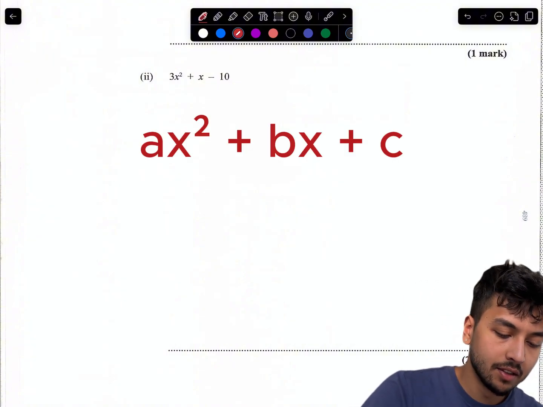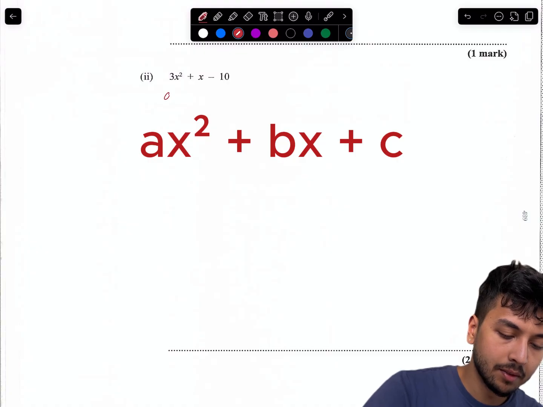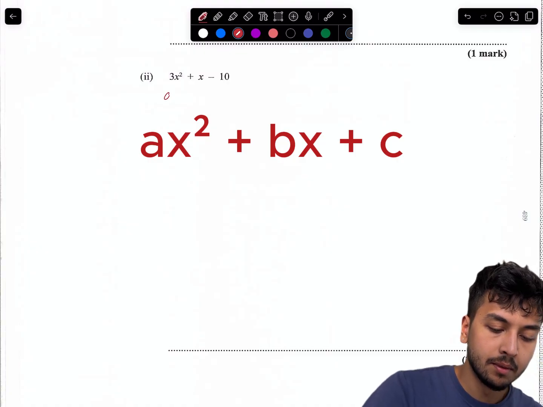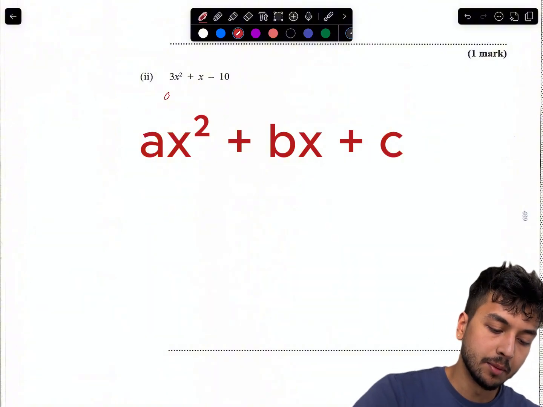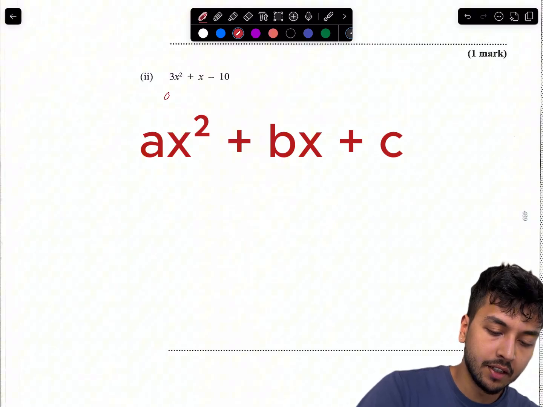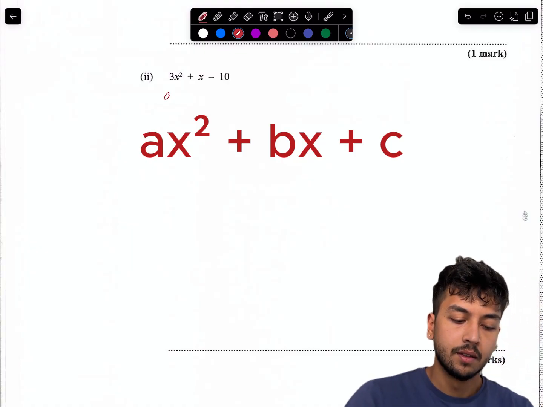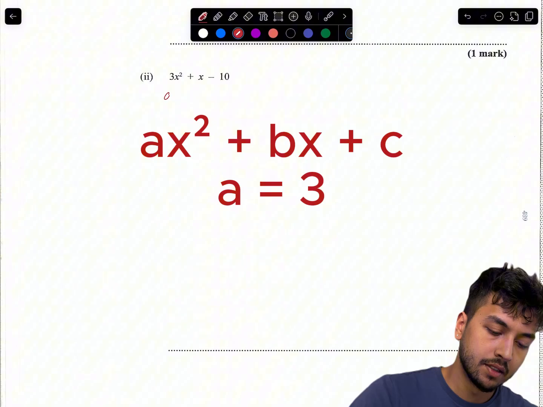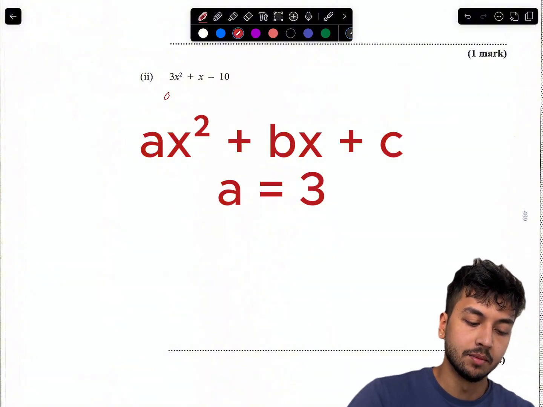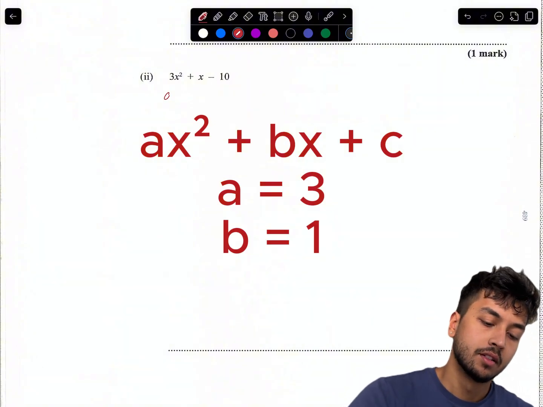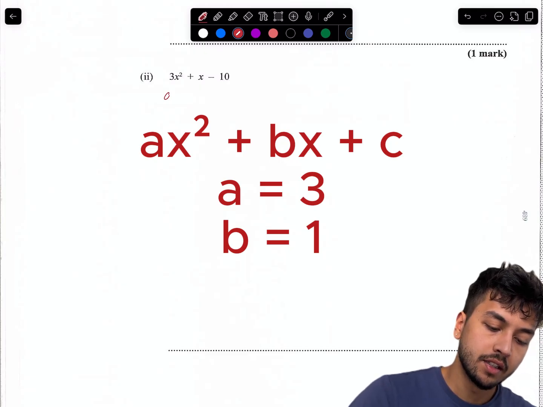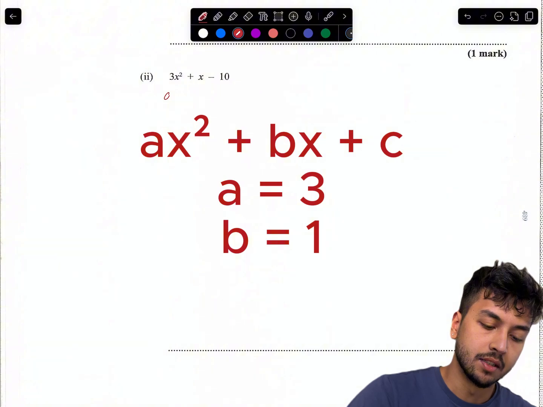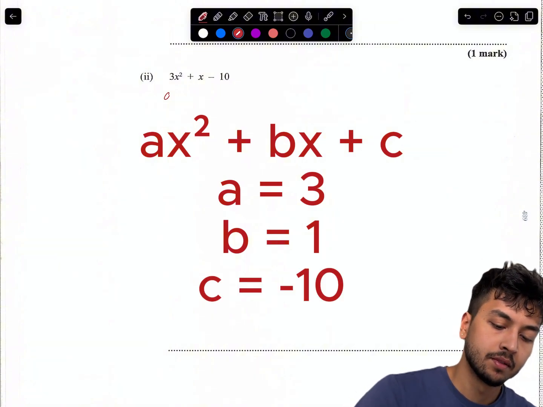In this case, if we match it up, a is 3, b is the coefficient of the x term, so b is 1, and c is this term here, so c equals minus 10.